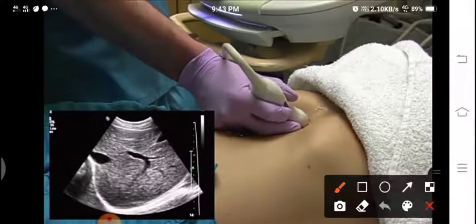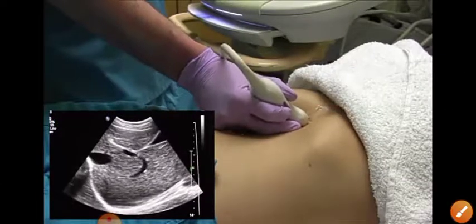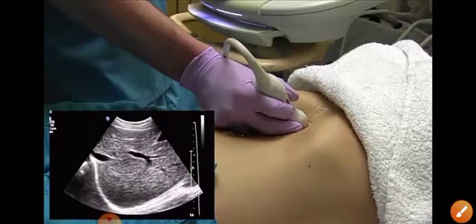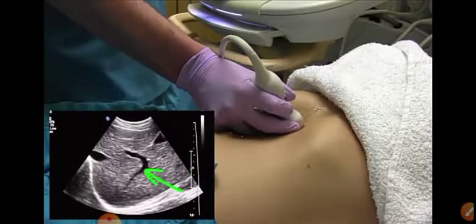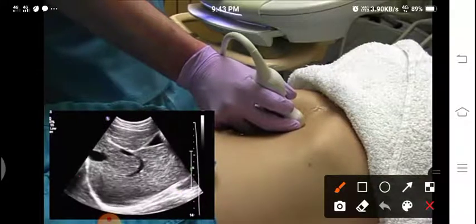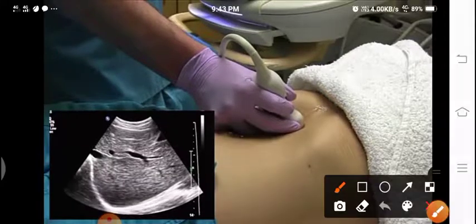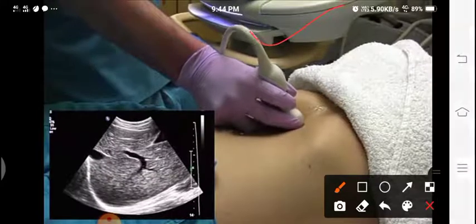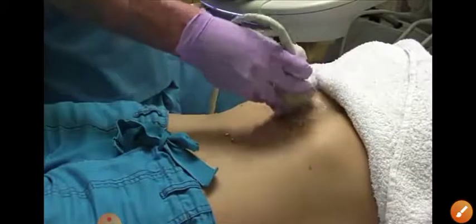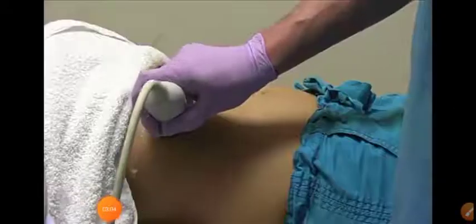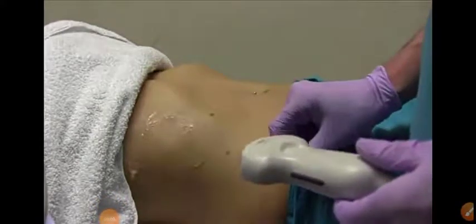You can observe some liquid is attached to this probe, and whatever is inside our abdomen, that image you are going to observe on it. Here the sonography machine is there. So this kind of procedure it is. This way the examination is going on.